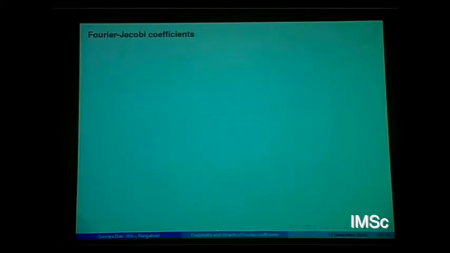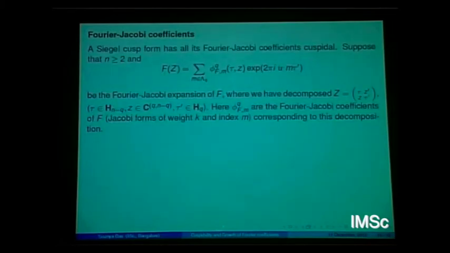And one can also ask this question in several variants, right? You can ask this question for the Fourier-Jacobi coefficients. So I think we have also seen this in Professor Conant's talk, this Fourier-Jacobi expansion. So you can Fourier-Jacobi expand your modular form in several ways, corresponding to this decomposition.